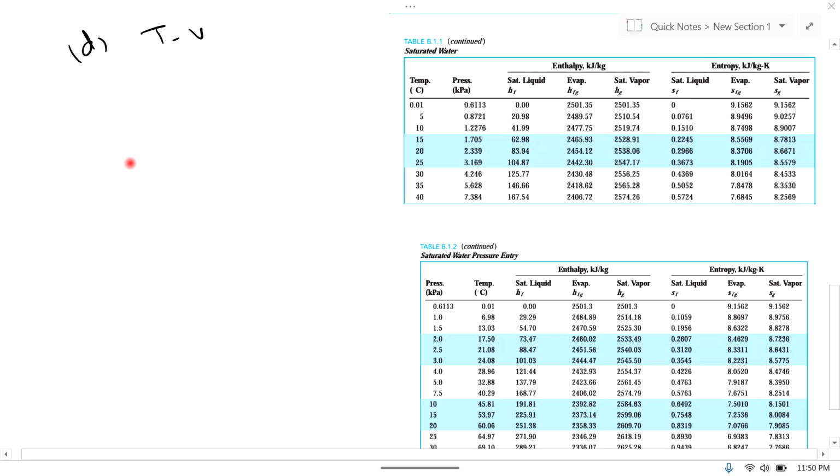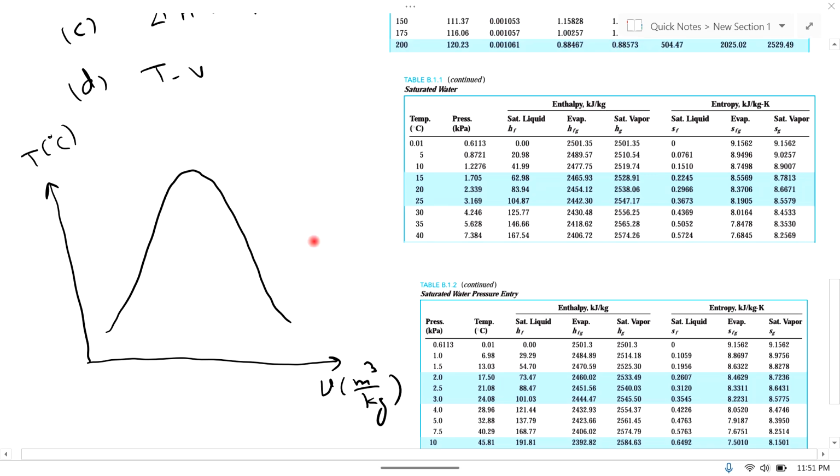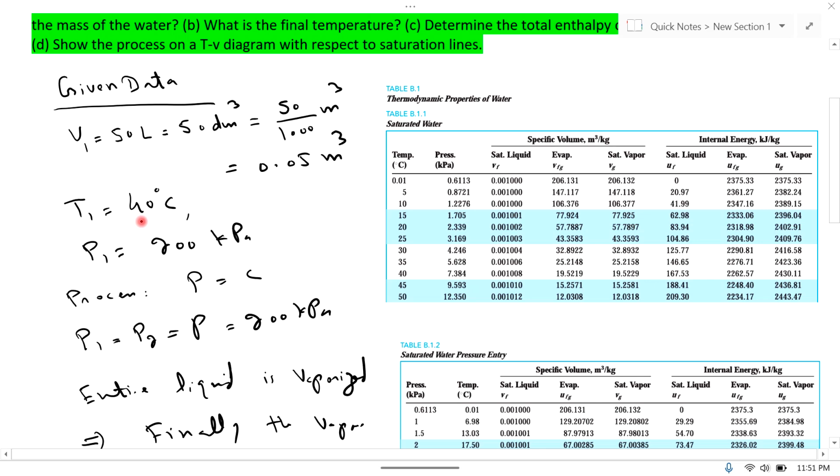So first we draw the T-v diagram. Temperature is in degrees centigrade and specific volume is in cubic meter per kilogram, and this is the saturation curve. So initially T1 is 40 and P1 is 200 kilopascal.